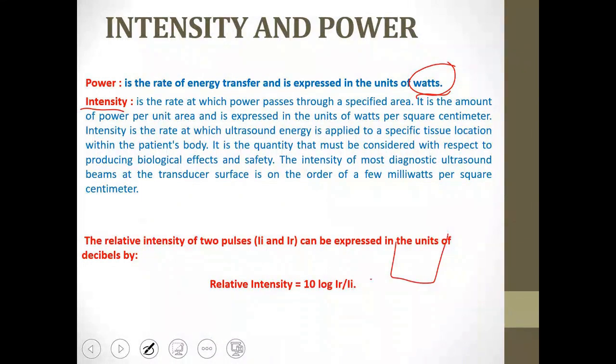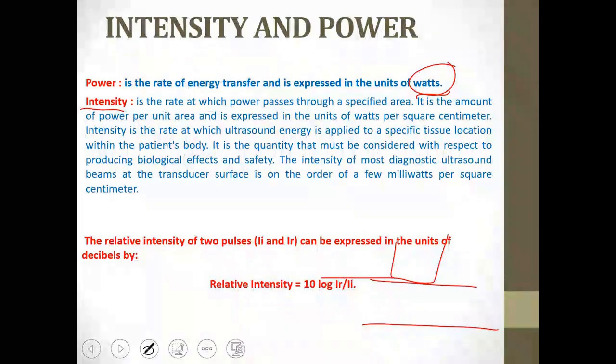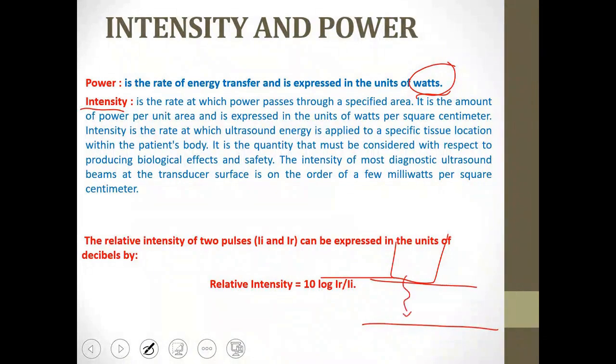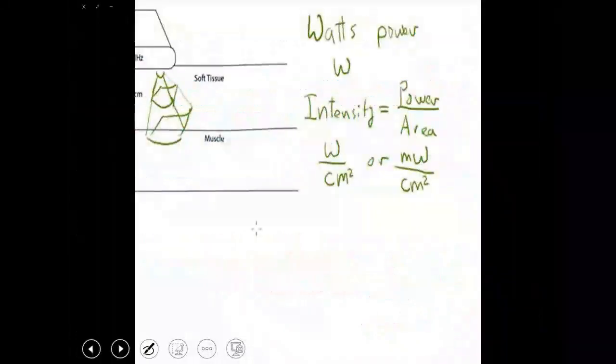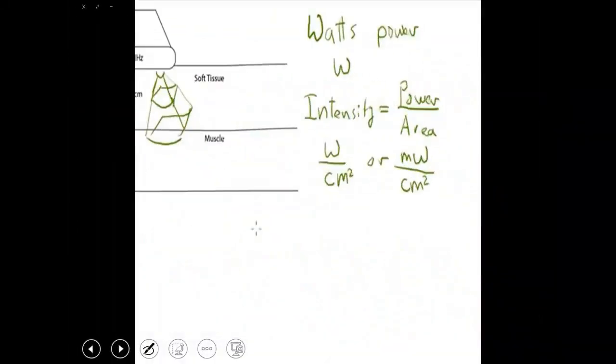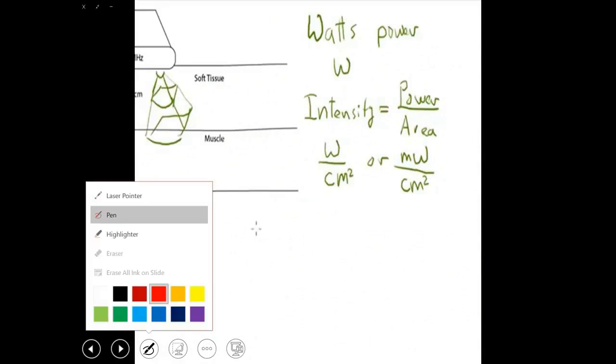For example, if I have the probe like this, and this is the pulse that is coming down, the incident one. Let's go back again to the part about power. We assume that I have a transducer.